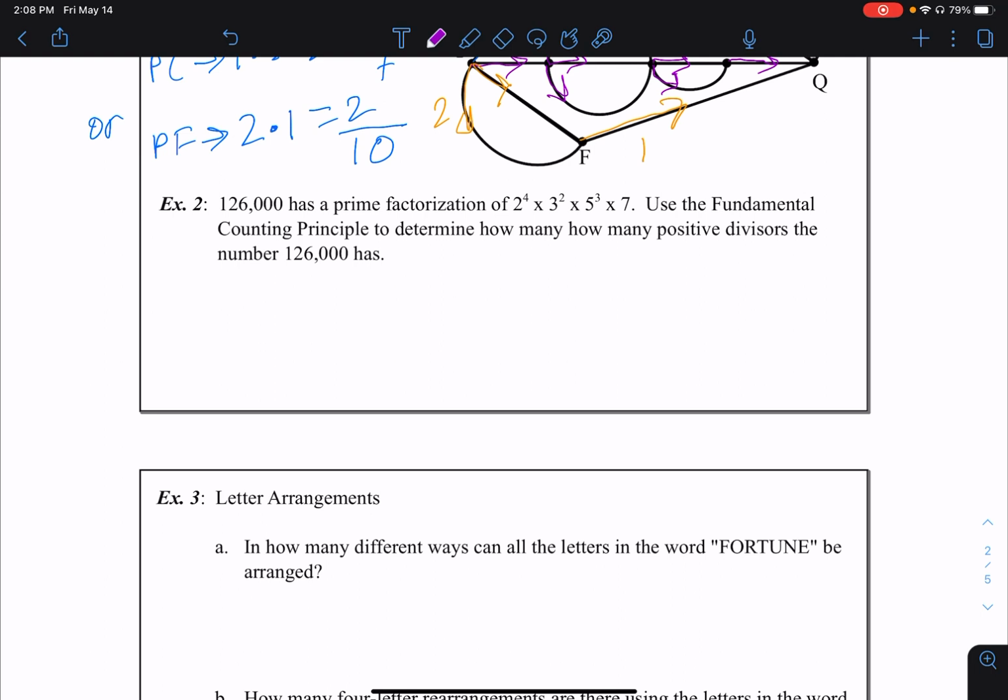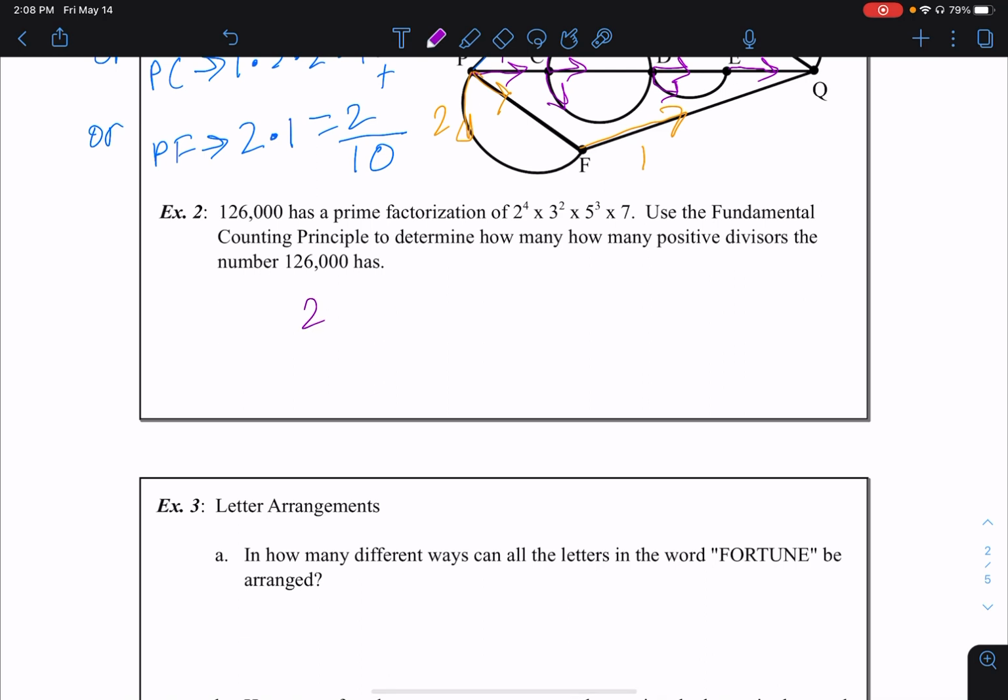So we look right here and we say, well, there's obviously 4 2's, right? But then we look at how many different options. We have this number, 2 to the 4th, which equals 2 times 2 times 2 times 2.